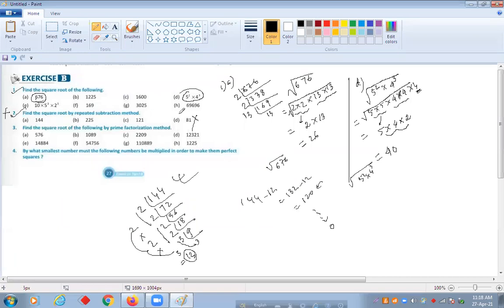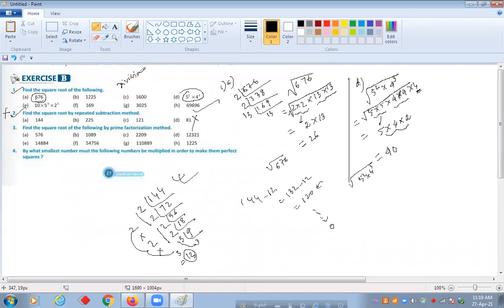So in the exam, such type of questions will not be there. In exams, this type of question will be there: you need to find the square root by factorization or by any other method. Find the square root of the following by prime factorization method. There is also another method of finding the square root, that is the division method. So you can use any of them.